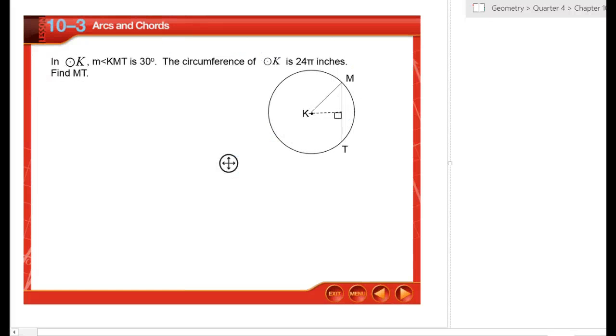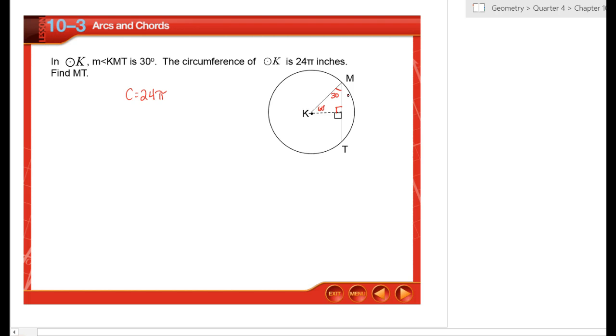Alright, last problem. Angle KMT is 30. The circumference is 24 pi inches. Find MT. Well, if the circumference is 24 pi, that's the only thing I really know, besides the fact that this is a 30, 60, 90 triangle, y'all's favorites.